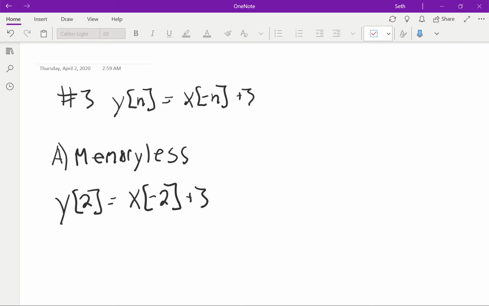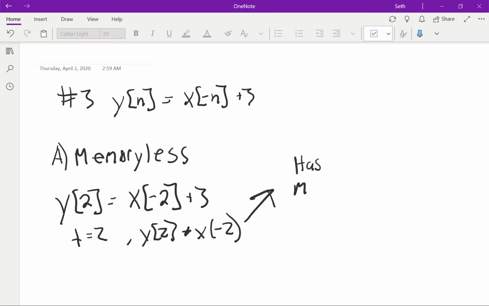Okay, so our current input was t equals 2, and our output y of 2 is depending on a past input x of minus 2, so clearly this system has memory.